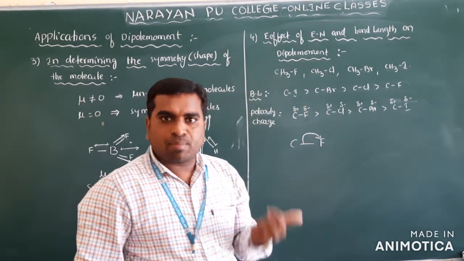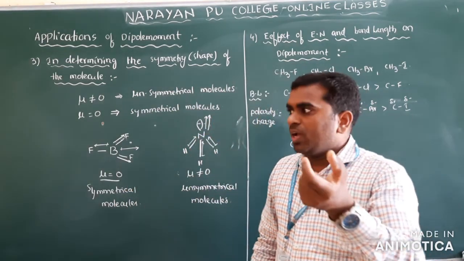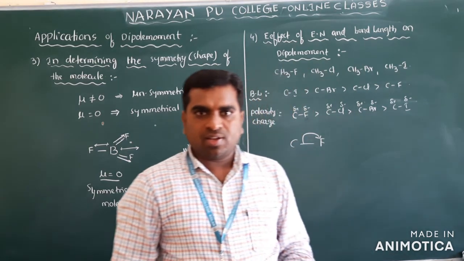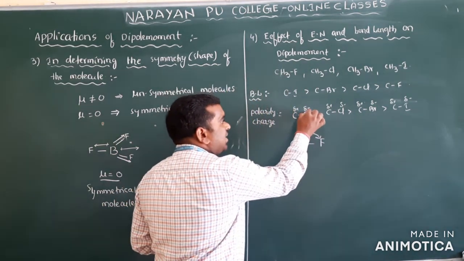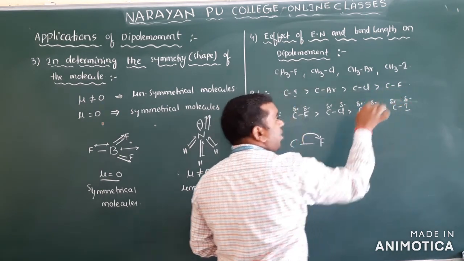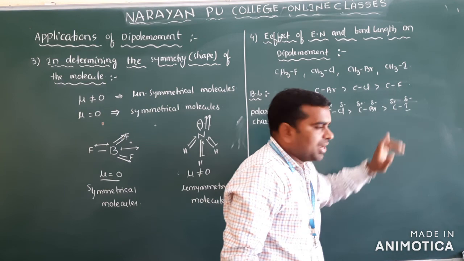If the size is small, the charge density will be higher. Here the charge density will be high compared to the remaining ones, and the least charge density will be on iodine.